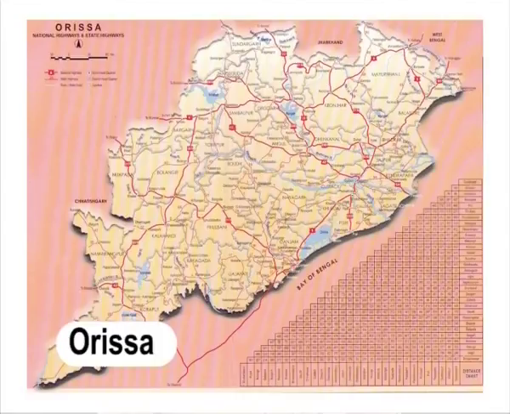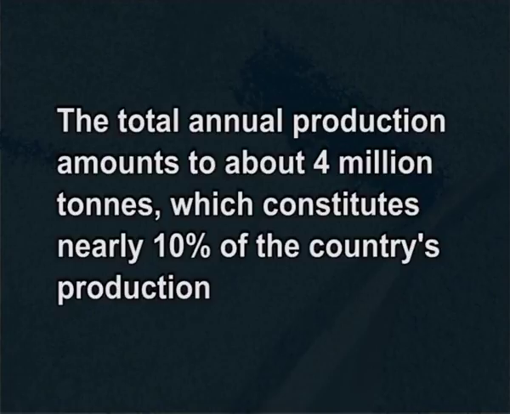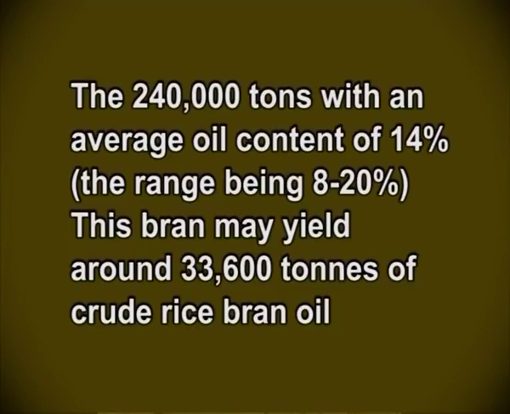Orissa is one of the major rice producing states in the country. The total annual production amounts to about 4 million tons, which constitutes nearly 10% of the country's production. The processing of this rice produces rice bran amounting to 2,40,000 tons with an average oil content of 14%, the range being 8 to 20%.